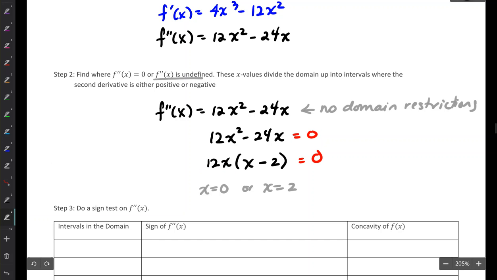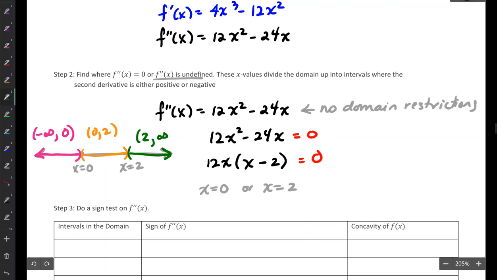And again, what that's done for me is it's partitioned up, divided up my domain into 3 subintervals: minus infinity to 0, 0 to 2, and 2 to infinity.